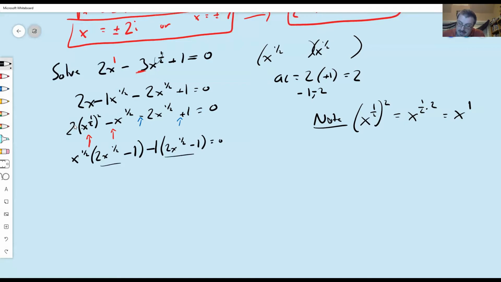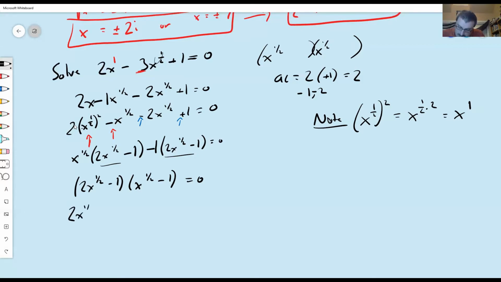And now these guys right there are my common factors. So 2x to the 1/2 minus 1, x to the 1/2 minus 1 equals 0. All we need to do is set these equal to 0.